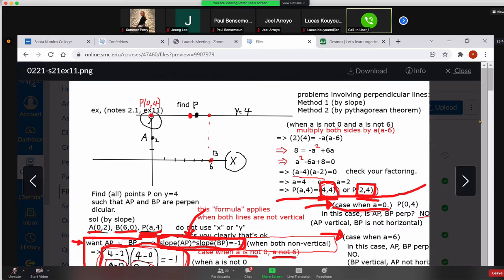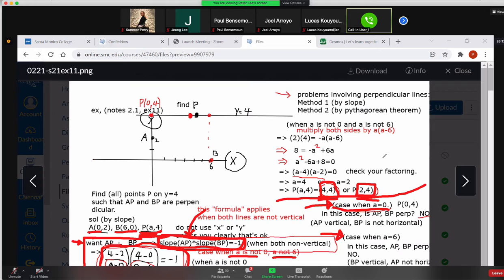Okay, so here's A and B, and now there's a line y equals 4, and the point P is over there. Now generally, I wrote down right here: problems involving perpendicular lines.